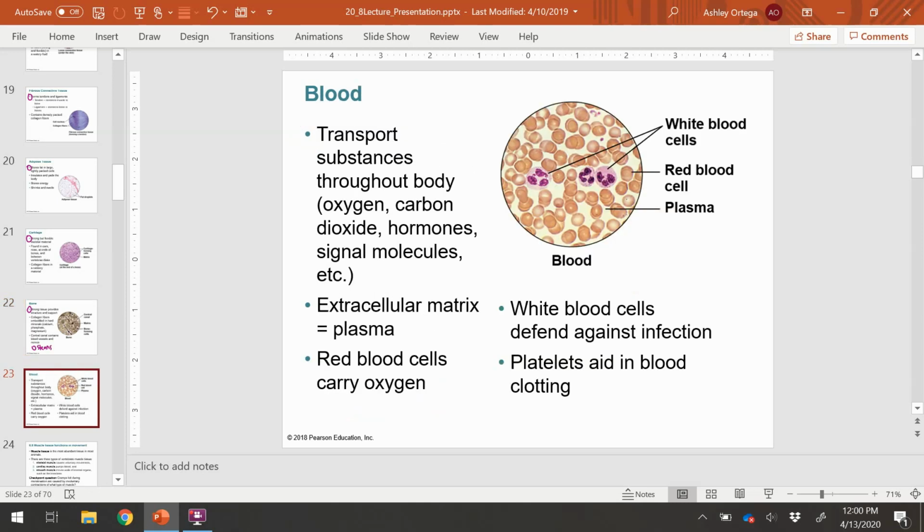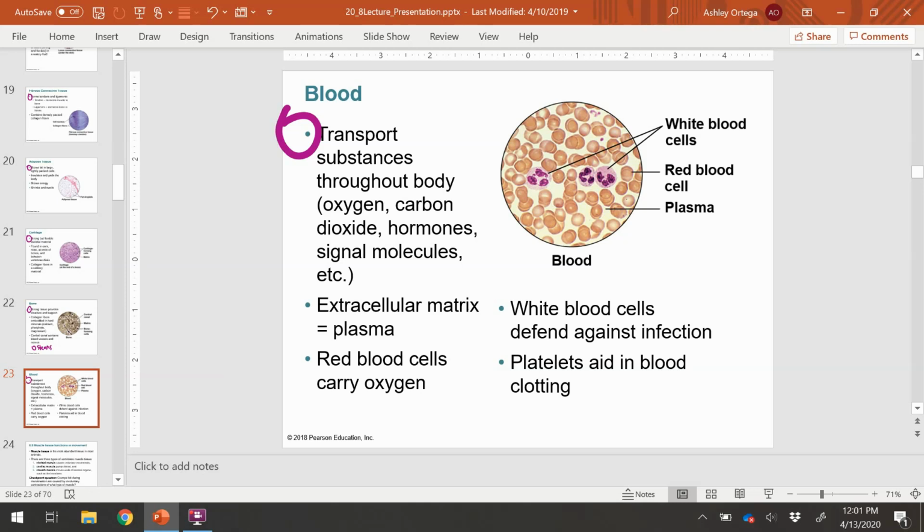And so the blood itself is also connective tissue. It's responsible for transporting substances throughout the body. These substances are obviously gases of oxygen, carbon dioxide, also transport hormones and other signal materials. They're made up of red blood cells and white blood cells, along with an extracellular matrix, which is also known as plasma.